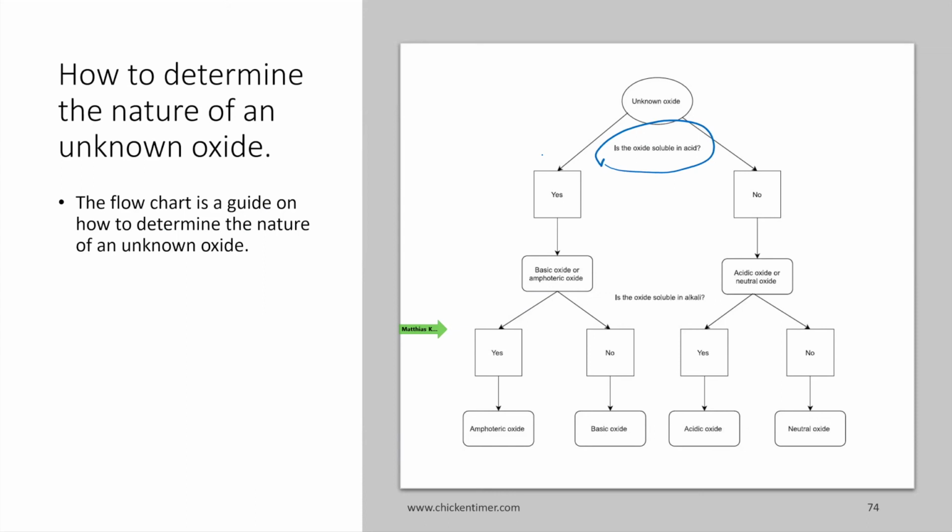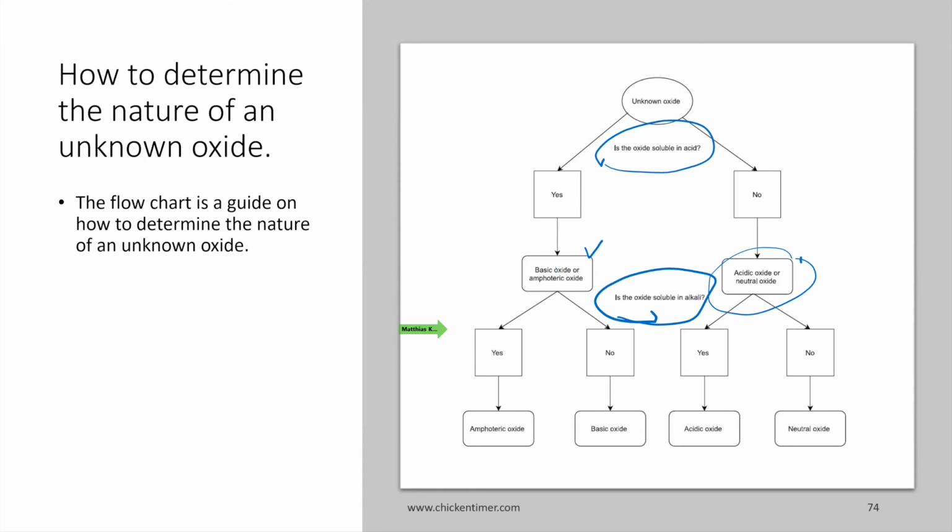If it's soluble in acid, that means it is a basic oxide or amphoteric oxide. If it's not, then it will be an acidic oxide or a neutral oxide, because acidic and neutral oxides don't react with acids. So once you get that, you will then decide whether it is soluble in alkalis or not.